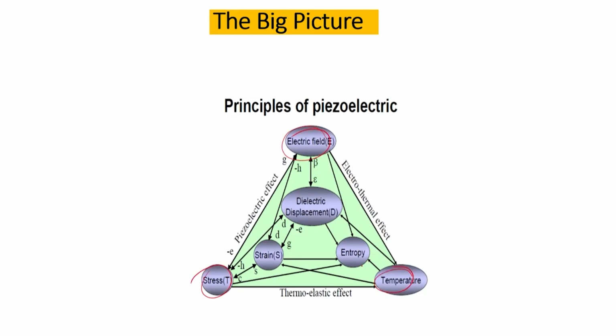So, on one side we have the electrothermal effect in this type of pyroelectric system, on another side we have the piezoelectric effect between electric field and stress, and then stress is related to strain, strain to dielectric displacement, that to entropy and temperature. So, it is a really complicated relationship, that is the big picture.